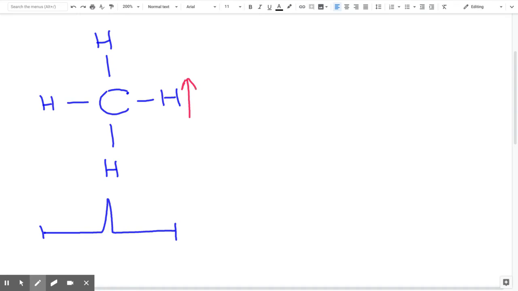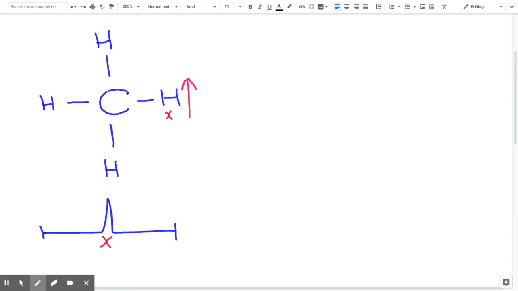And what we can do is measure via a machine the magnetic field of an individual proton within a molecule. So, as we said, for methane, we have a peak X corresponding to the type of proton X within that molecule. Okay, now methane is symmetrical.